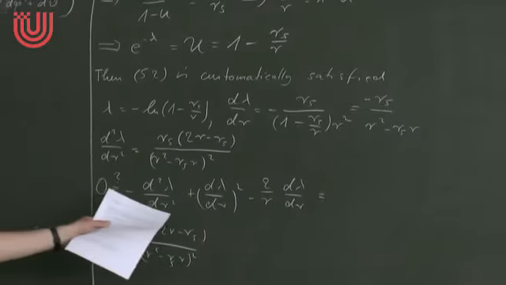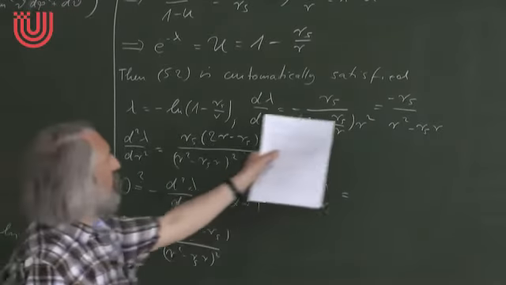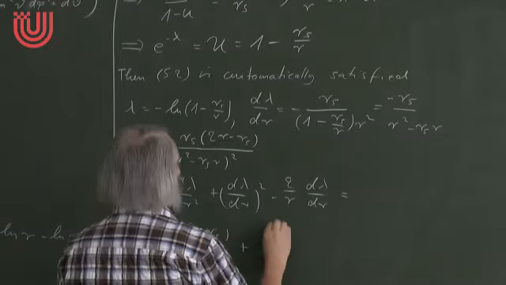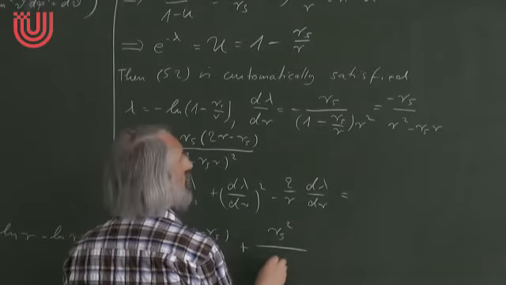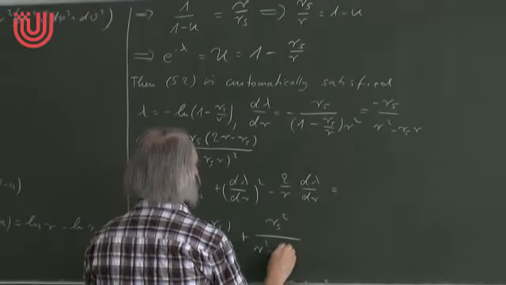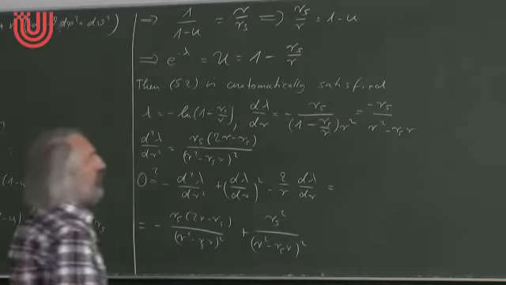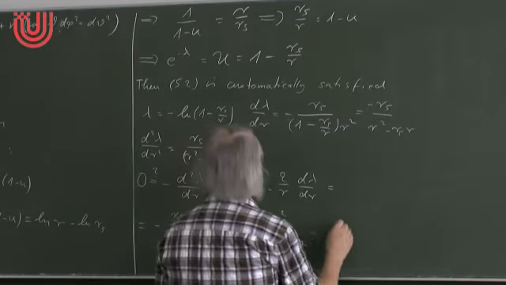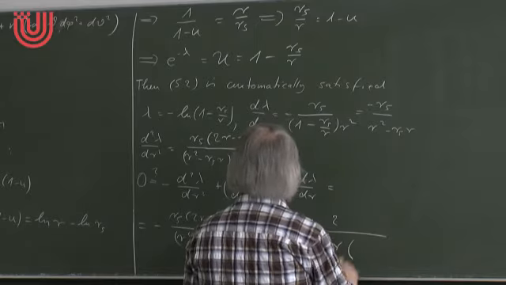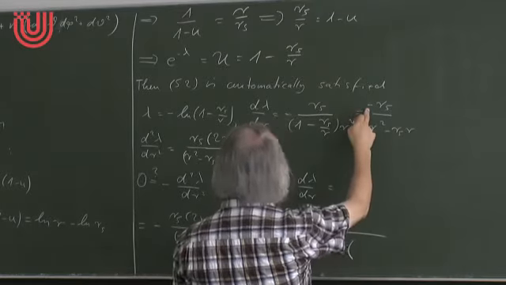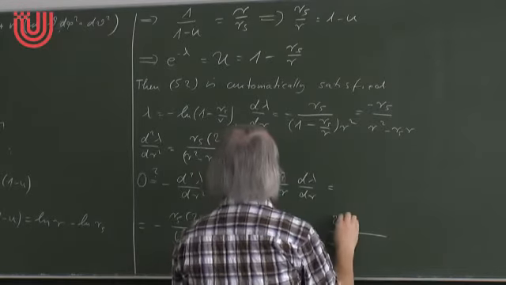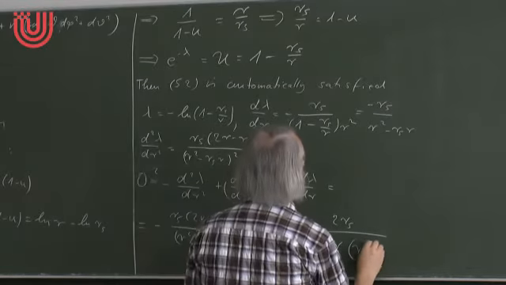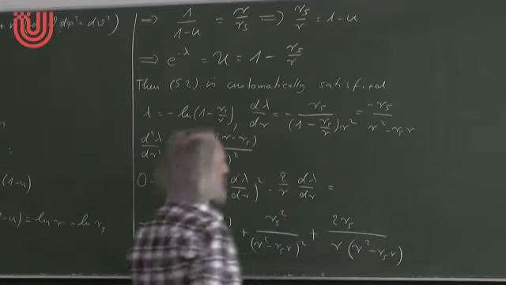That's the first term. Then this term, that's this here squared. So the minus sign is killed if I square, and I have r squared minus rs r squared. And the last term is minus 2 over r, and then the first derivative gives another minus sign. So I have plus rs, and here r squared minus rsr.